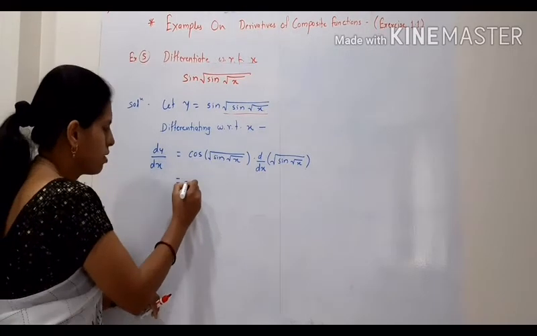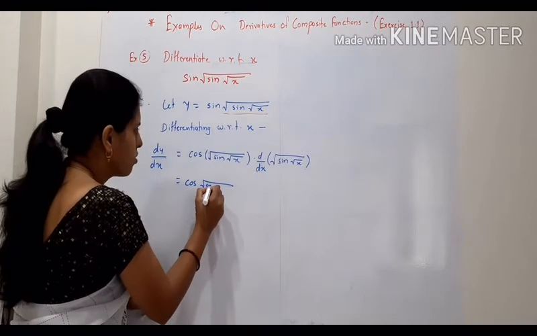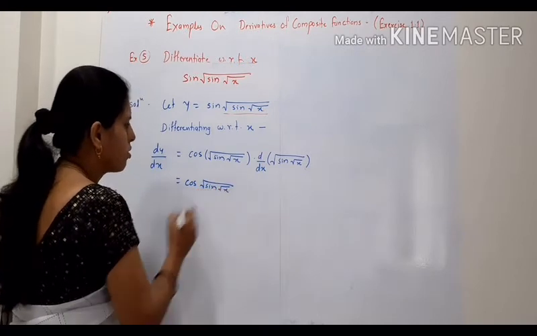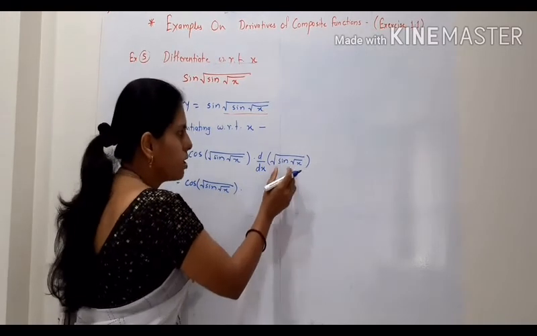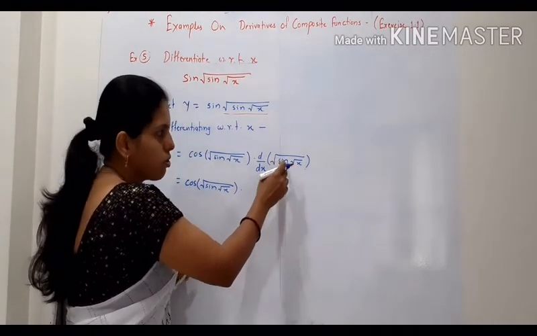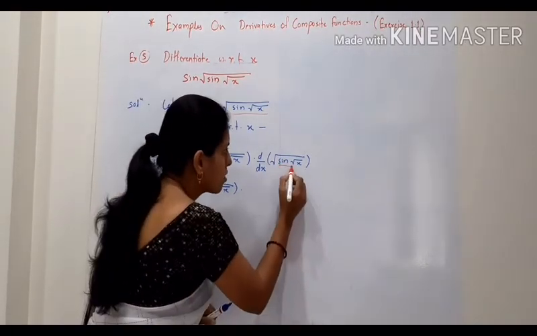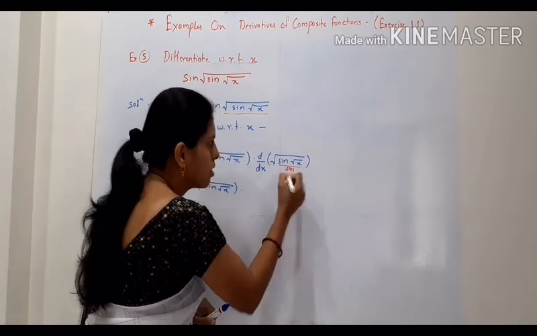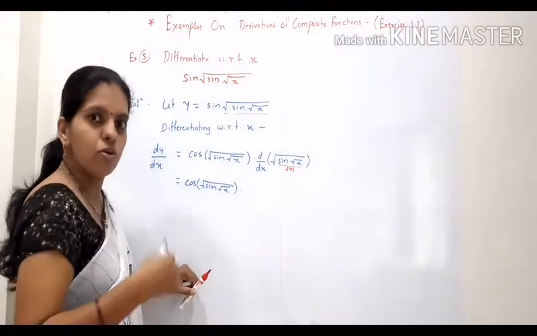Now next step, first term as it is, cos of root of sin of root x, into derivative of this. Now root of sin means root fx. Now treat this sin root x as the fx in your mind and use the formula for root fx.